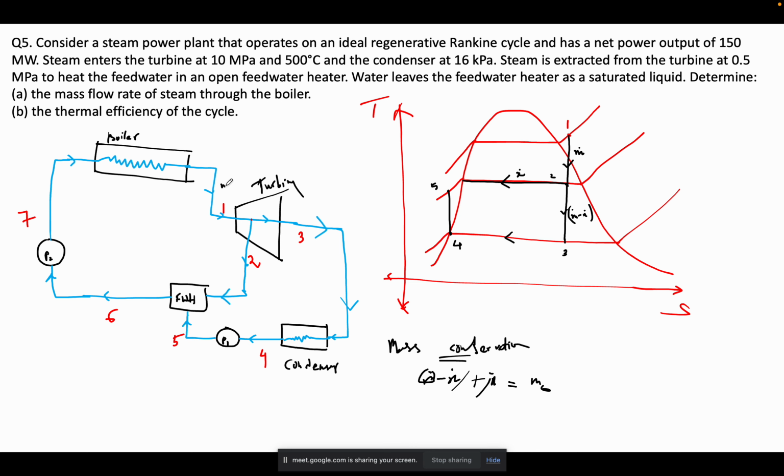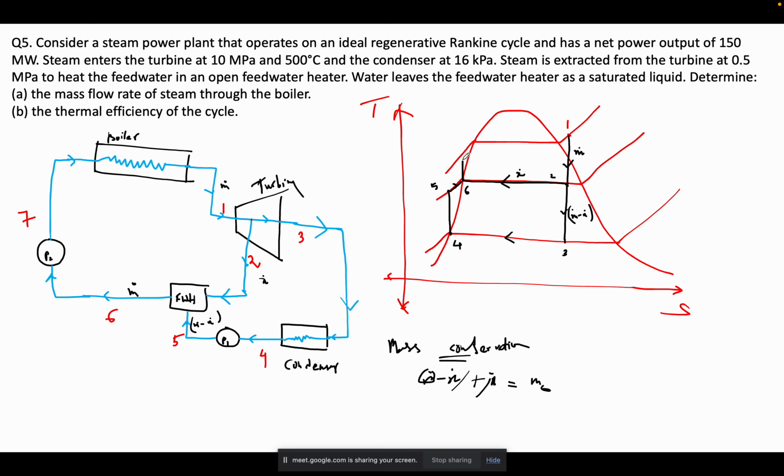The mass flow rate here was m dot, because x dot amount of mass is coming and m dot minus x dot mass is coming here. Since this is an open feed water heater, these two get mixed and finally we get m dot. So mass conservation is taking place, and the final state here is nothing but a condensed liquid state. So this is my state 6.